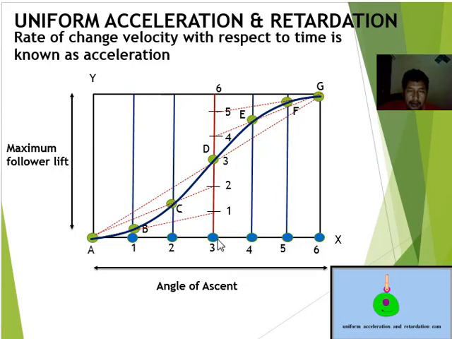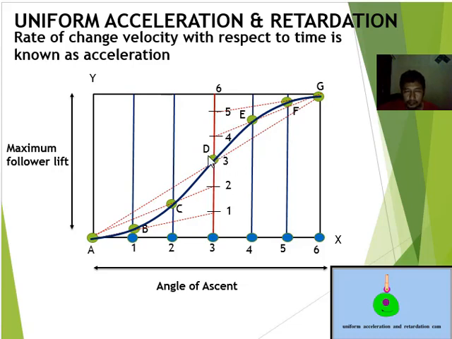And the third part, under the same condition, you can have the intersection of the 3 motions for follower and cam, and you can draw the knot of 3.